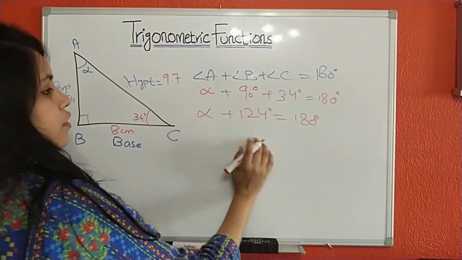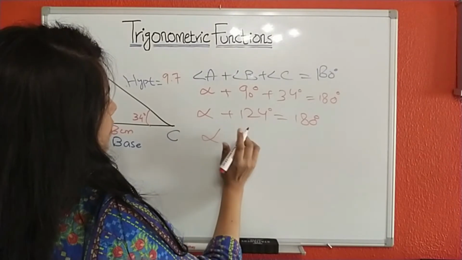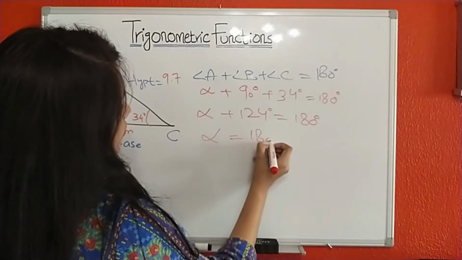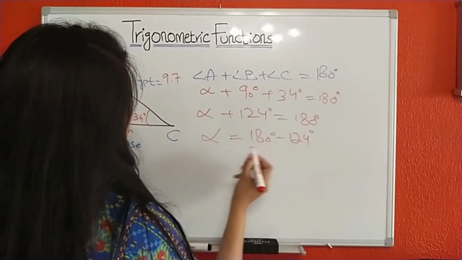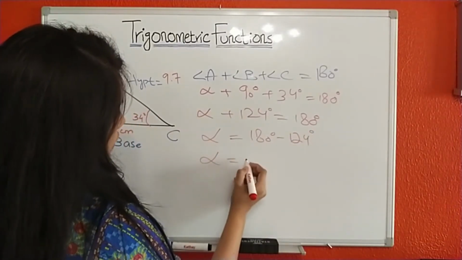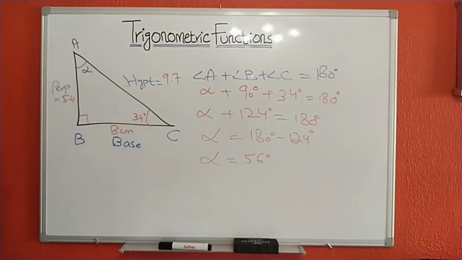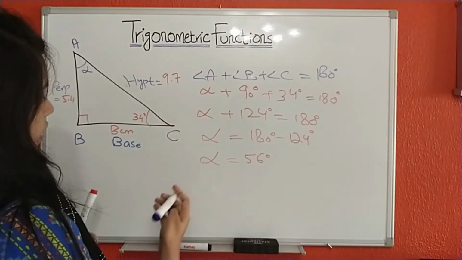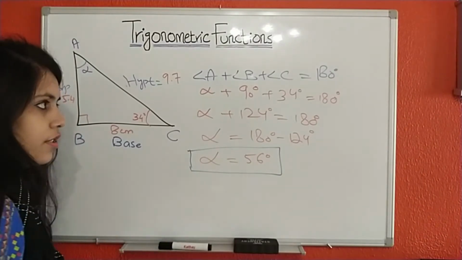So I am going to shift this 124 here. As 124 has a positive sign, it will become negative here. After subtracting, I get 56 degrees. So now I have the angle of alpha is 56 degrees, and this is the answer of this question.